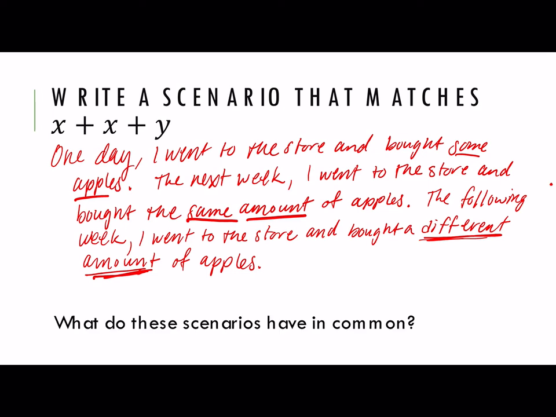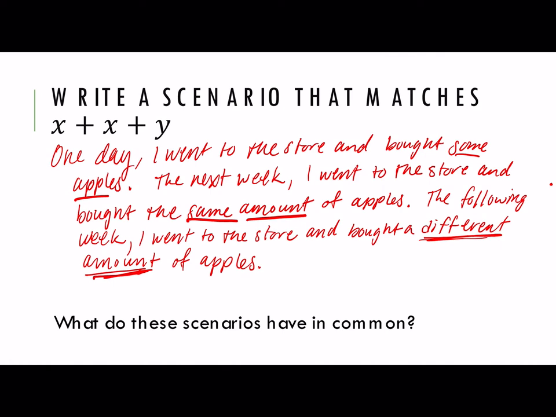Now, if you go ahead and write a scenario and use a different situation, pause the video, and then when you unpause it, we can answer this question. What do these scenarios have in common? Okay, so with your scenario, what does it have in common with mine?